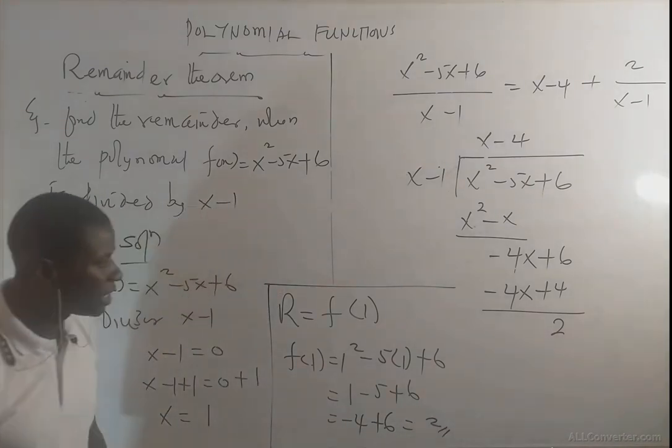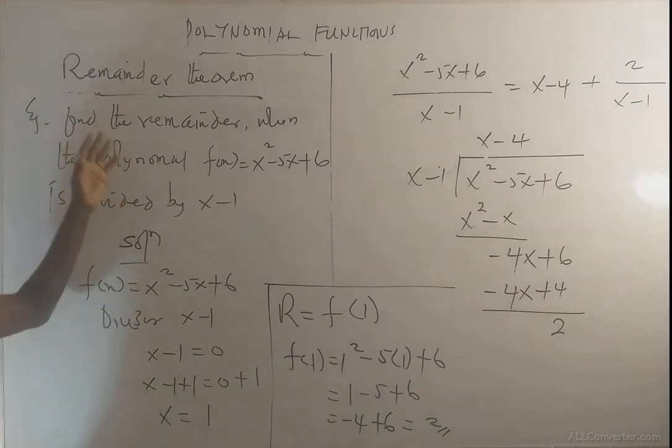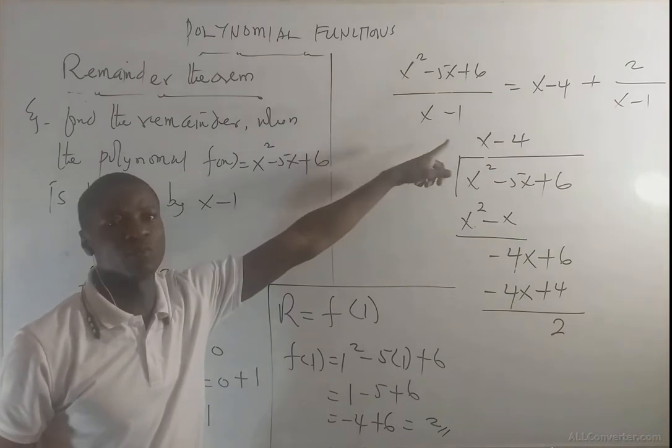So do you see that we are also getting the same 2 we had here? That's what I'm talking about. So when you are given the question, you can use the remainder theorem approach to find the remainder without the division of polynomials.